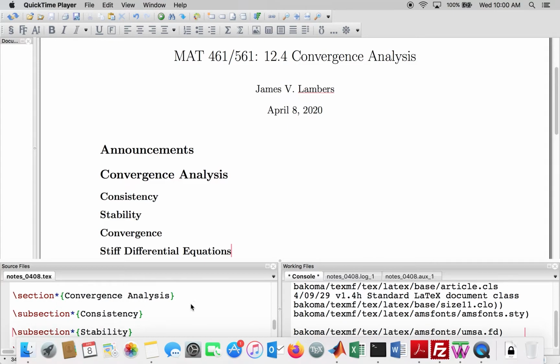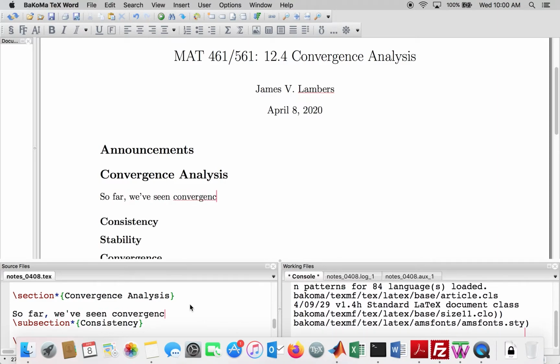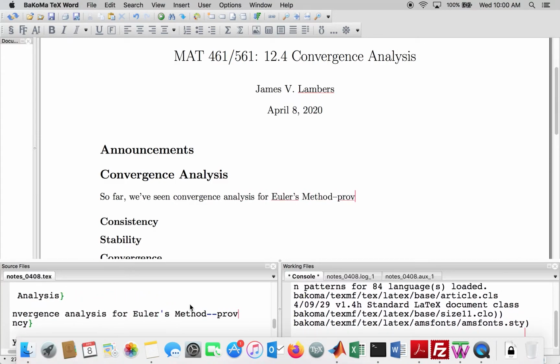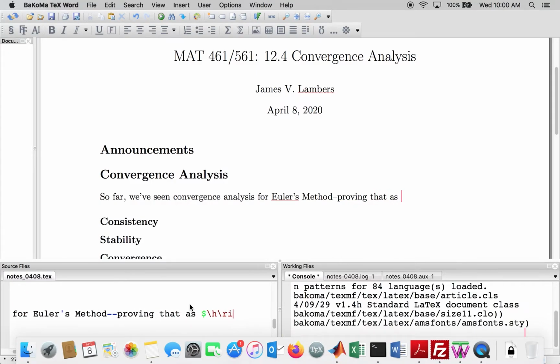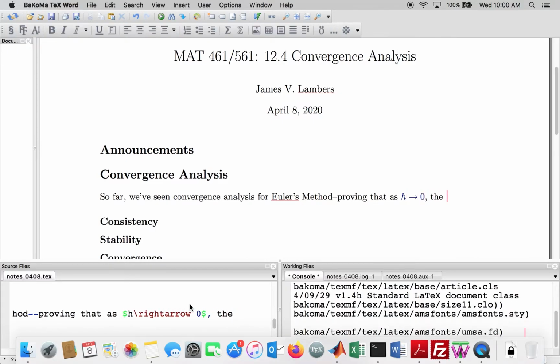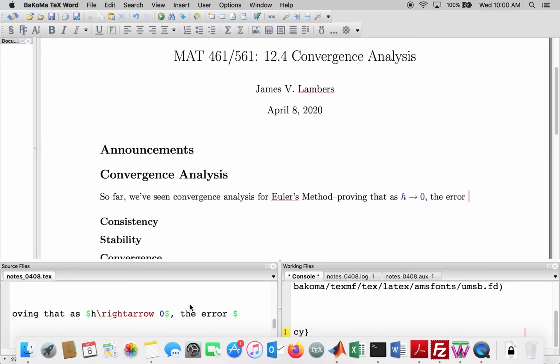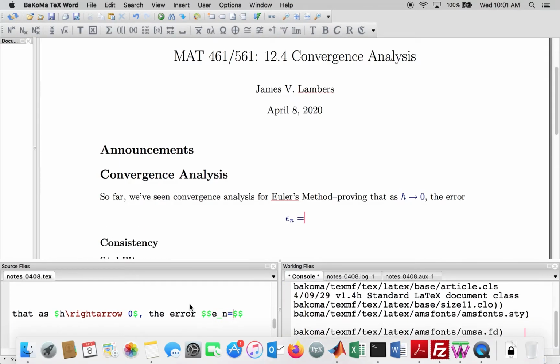Now we've seen a little bit of convergence analysis for the simplest time-stepping method of all, Euler's method, proving that as the time step h goes to 0, the error, which I'll define as E_n, equals... I'll do a notation check here.